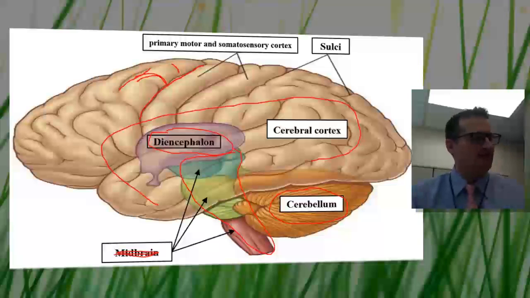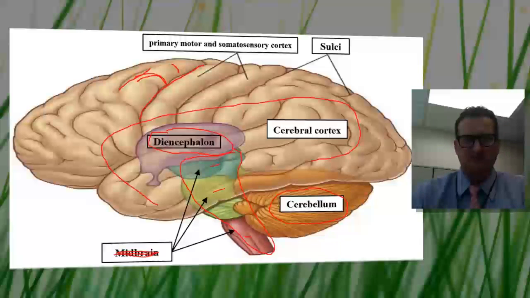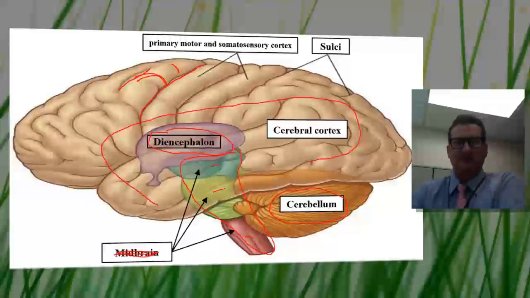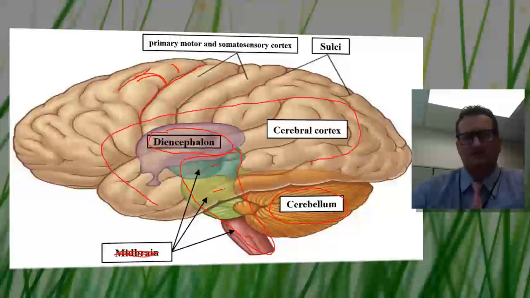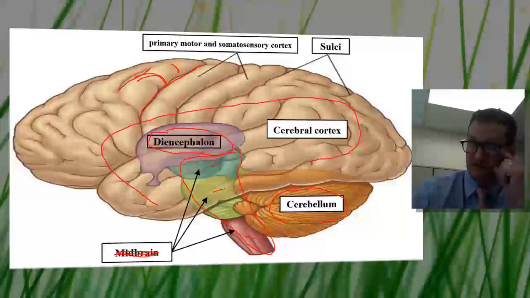The brainstem is the final part. It consists of the midbrain here, the pons, and the medulla oblongata. And the cranial nerves all extend from the brainstem except for the first two.